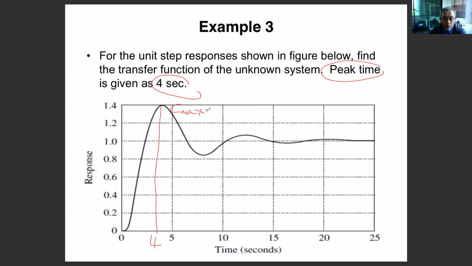The C maximum is about 1.4, and the C steady state is equal to 1. And you can use either peak time or settling time; both will do. So now we change our strategy: we use the peak time instead of the settling time.